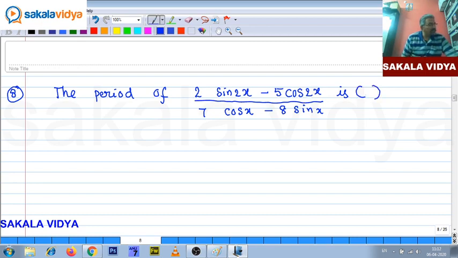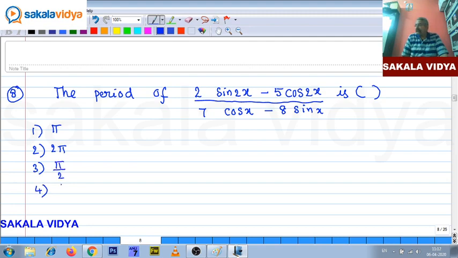I will start. Some of us are getting late, okay, that's why I will wait for a while. First option pi, second option 2 pi, third option is pi by 2, fourth option is pi by 3.